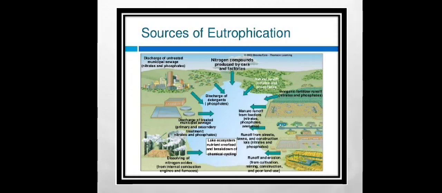Now you can see this picture which shows the point sources and non-point sources of eutrophication. Here we can see in an urban area, discharge of untreated municipal sewage which contains nitrates and phosphates is discharged into the lake.